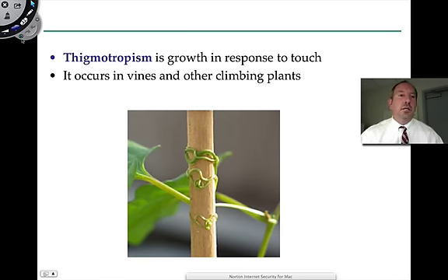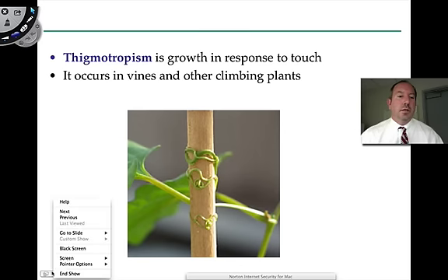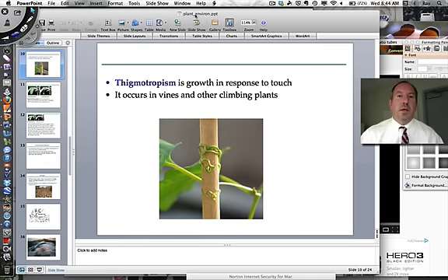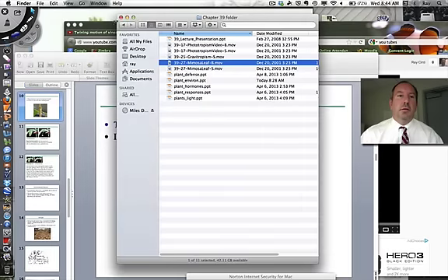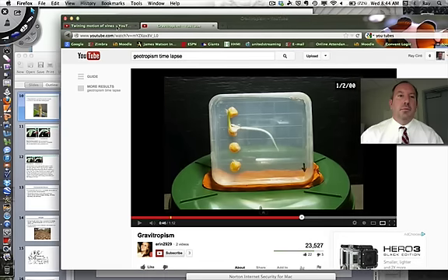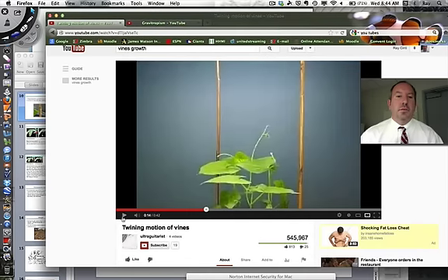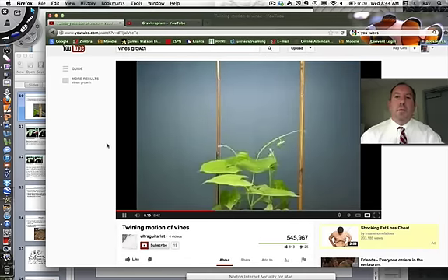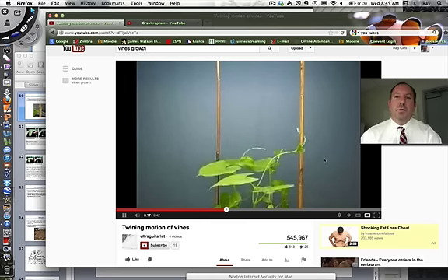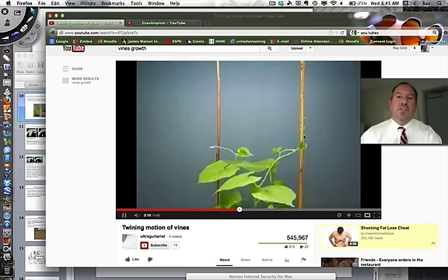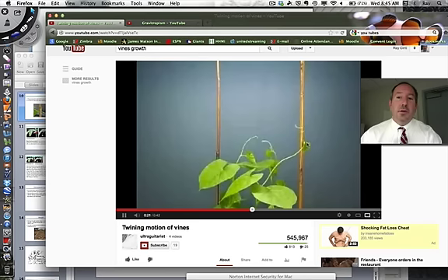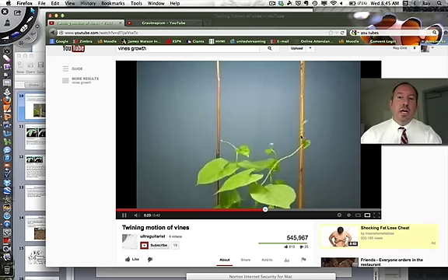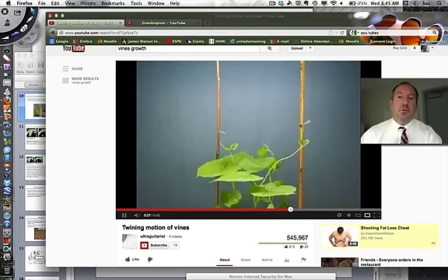And so let me show you this. This is kind of cool. Come over here and come down here and show you this. These are some plants. I think they're bean, and when they physically touch something, so a mechanical stimulus, they're able to adjust their growth. It's called thigmotropism. They're able to wrap around.